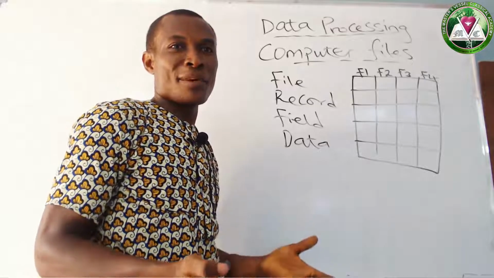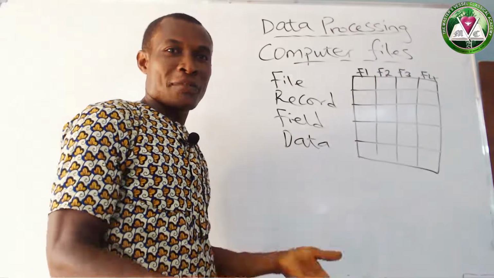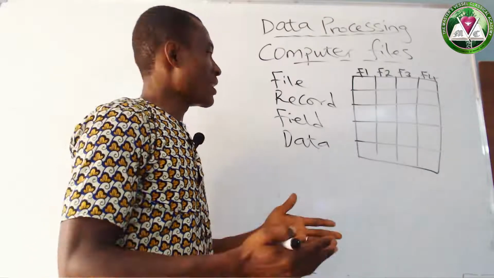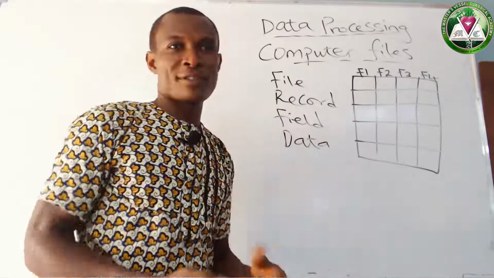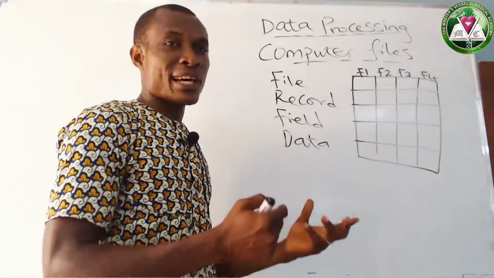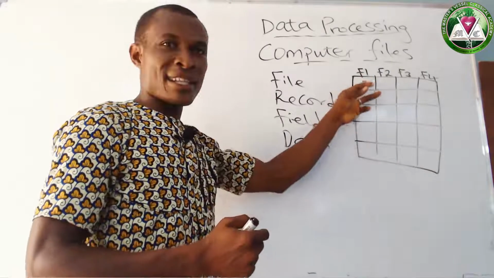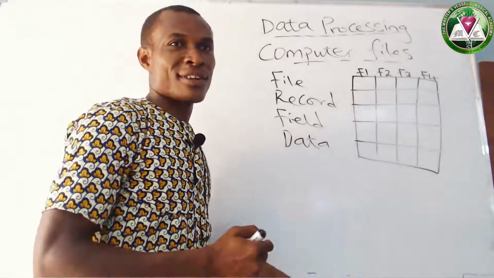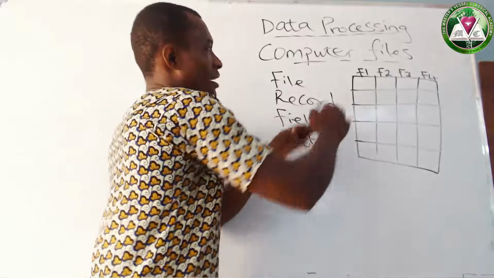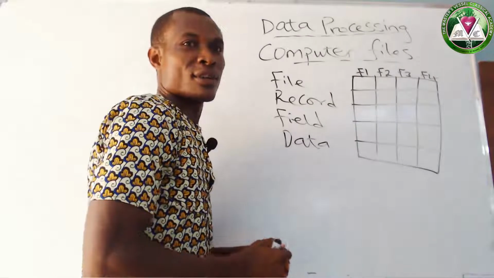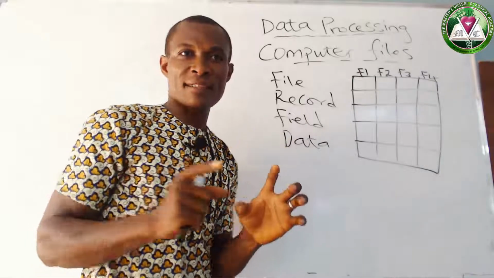Now, how do you determine what the file is there? How do you determine what the record is there? How do you determine the field and the data? Individual data items are entered in these cells. The whole of this table will give rise to the file.